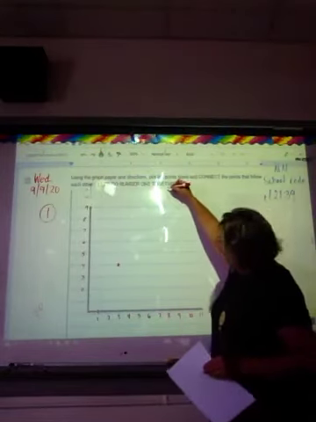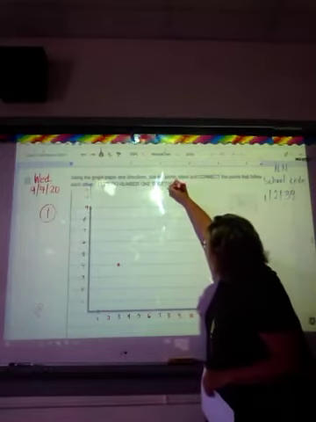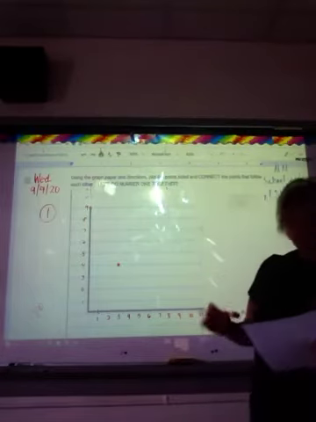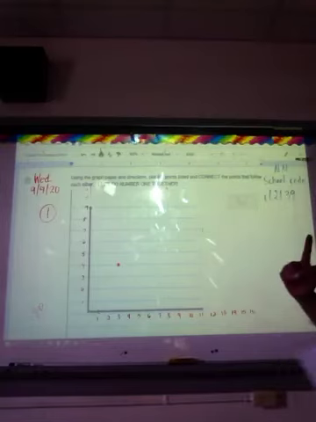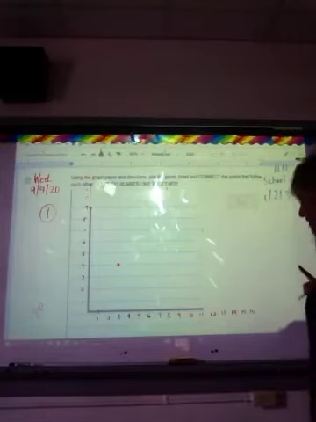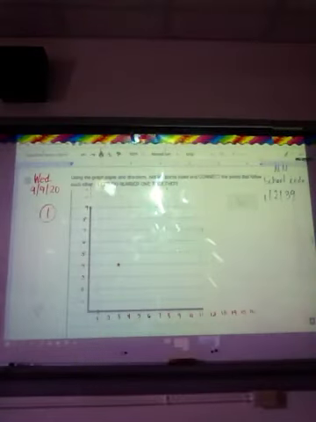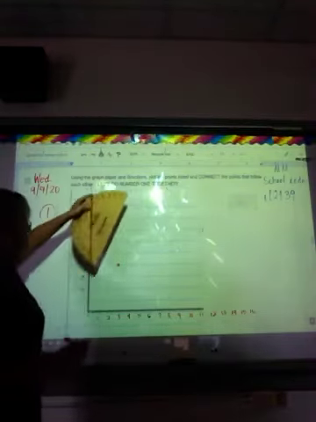Wait. 8, 11. See, I had to be careful that I didn't go to a different line. 8, 11. Okay, and then it says that I have to use a straight edge to connect those dots. So I'm going with what I have handy.